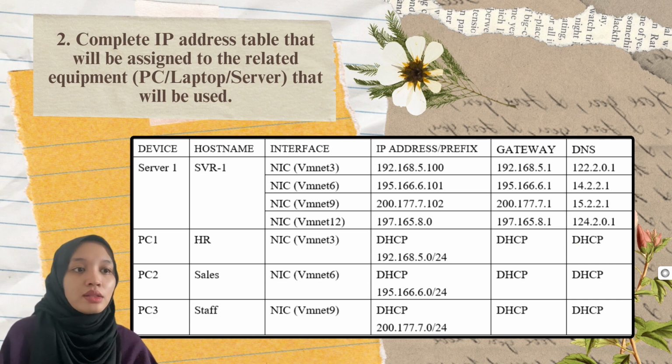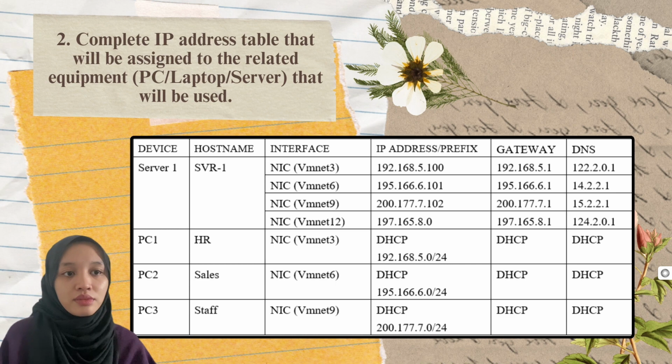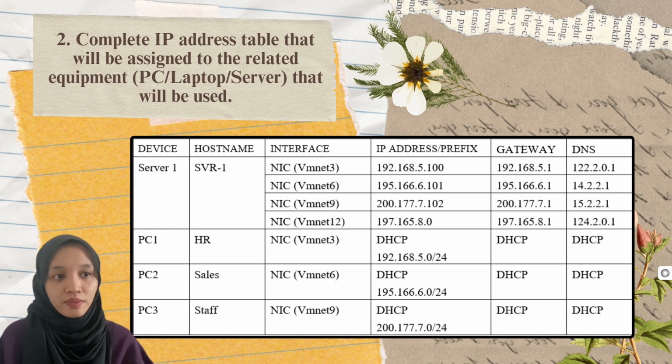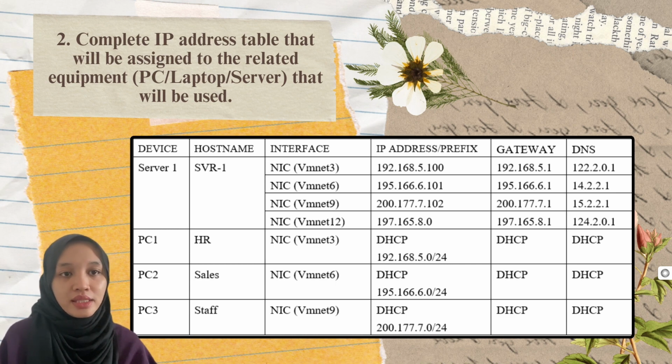The DNS is 15.2.2.1. Last for server 1 is VMnet 12. The IP address is 197.165.8.0, the gateway is 197.165.8.1 and the DNS is 124.2.0.1.